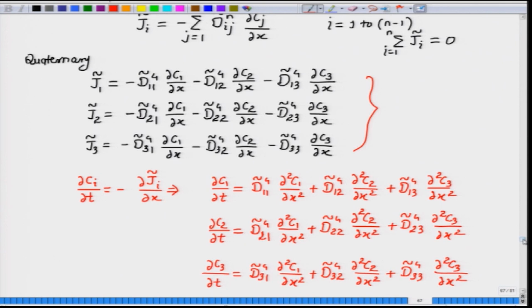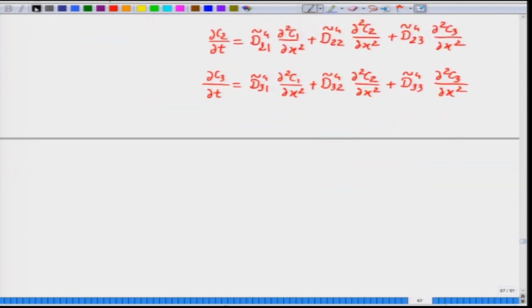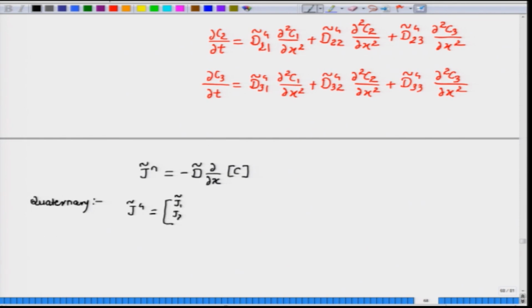So, we can write the Fick's law equation as J tilde n in general is equal to minus D tilde times dou by dou x of C. So, in this case, if we write this for a quaternary system, we can define these matrices as J tilde is a column matrix of 3 independent fluxes, which are J1 tilde, J2 tilde and J3 tilde.